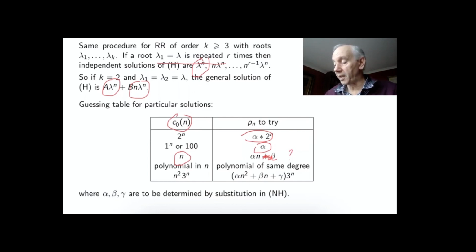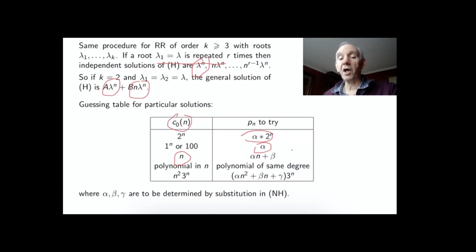You have to take in fact a polynomial of the same degree. Here the degree is only 1, but we have to take a polynomial of degree 1. That means we need 2 constants to be determined. So we try alpha n plus beta, and have to find both alpha and beta. If you just set beta equal to 0, typically that will not work.